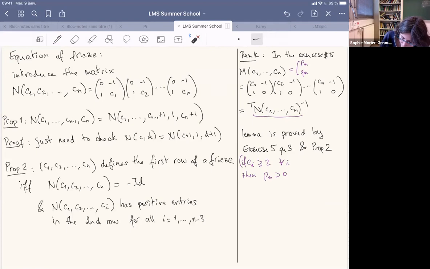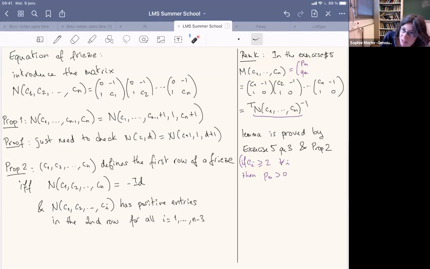So the condition here, having the matrix N to be minus identity, is the same condition as having M to be minus identity. If the Ci's are all bigger than 2, we won't be able to find a minus identity because the value here always remains positive.